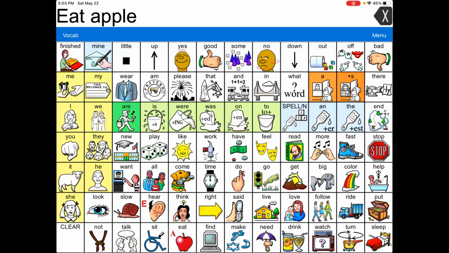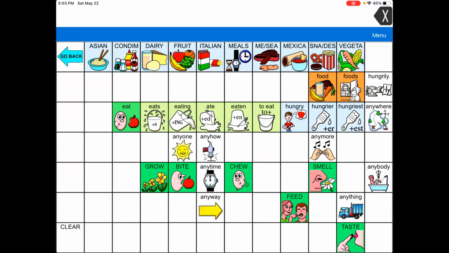All right, so green indicates verbs. Let's look at blue. Let's go back to eat. Blue indicates adjectives. So you can see if we go across that third row, when we get to the blue backgrounds, we have our adjective hungry, hungrier, and hungriest.